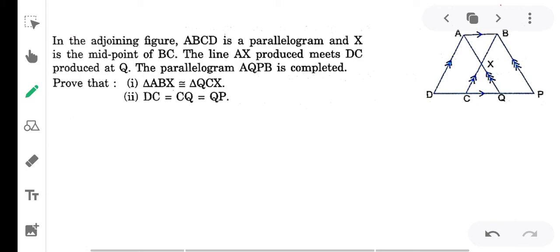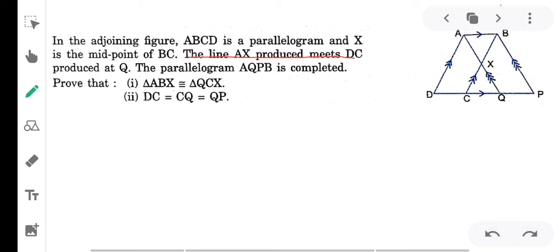In the adjoining figure, ABCD is a parallelogram and X is the midpoint of BC, that means BX equal to CX. The line AX produced meets DC produced at Q. The parallelogram AQPB is completed.